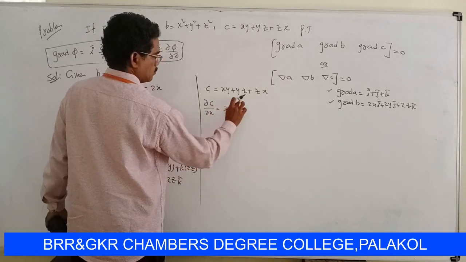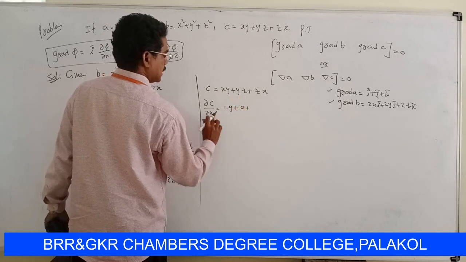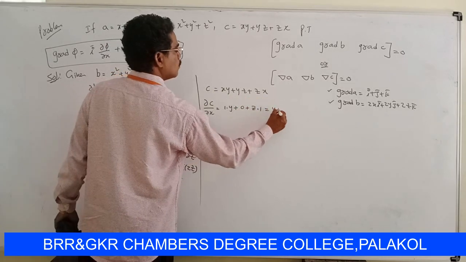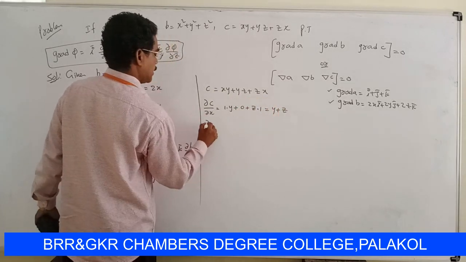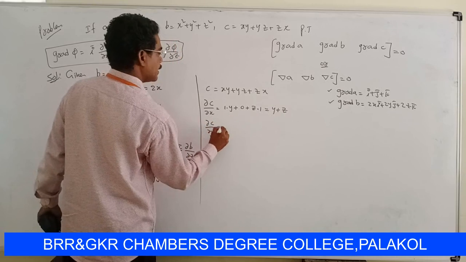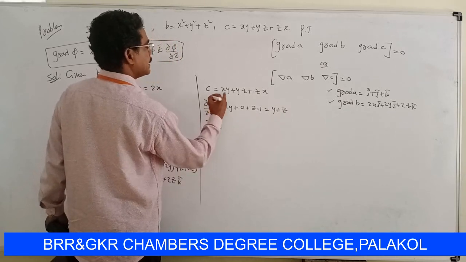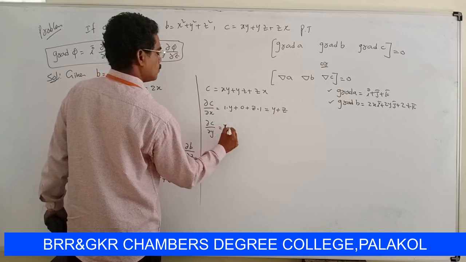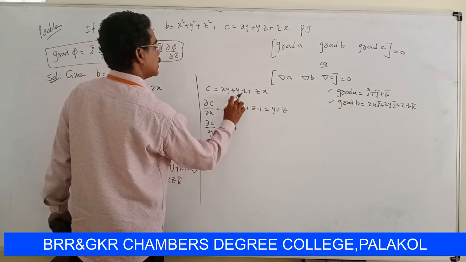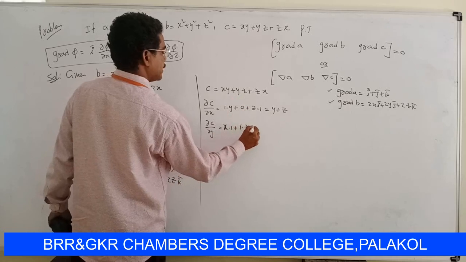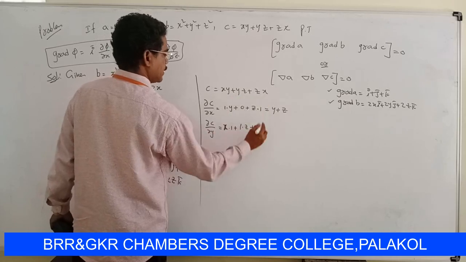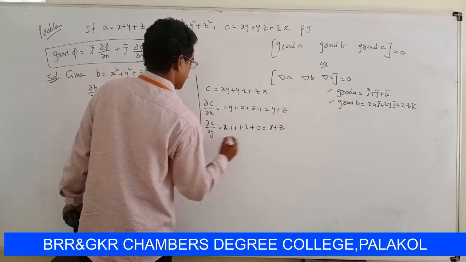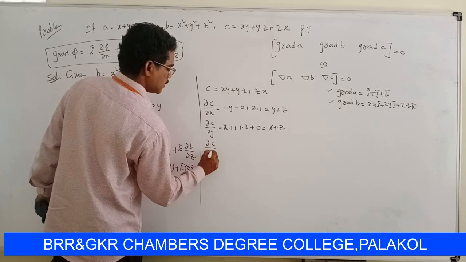With respect to x, yz is 0, plus with respect to x, zx means z into 1, finally y plus z. And dou c by dou y equal to, with respect to y, xy, so x into 1. With respect to y, 1 into z. With respect to y, there is no y, this is constant 0. Finally x plus z. And dou c by dou z.